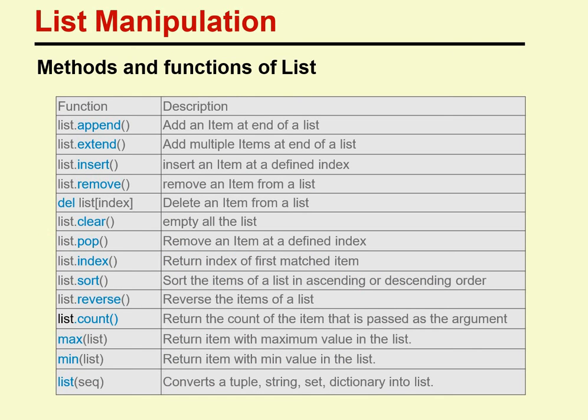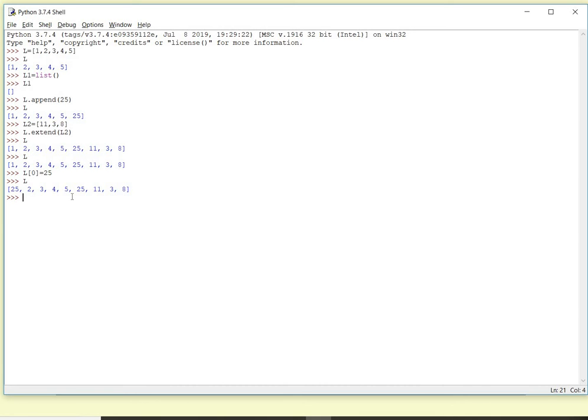Now we'll see the methods and functions of list. The first method is list.append, add an item at the end of the list. Extend means add multiple items at the end of the list. Now the next one is insert. So insert will insert an item at a defined index. Suppose I want to insert an element at the third position.